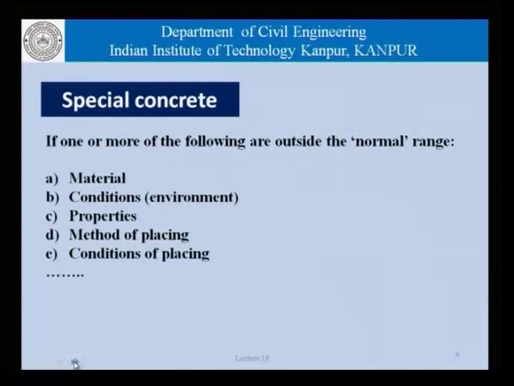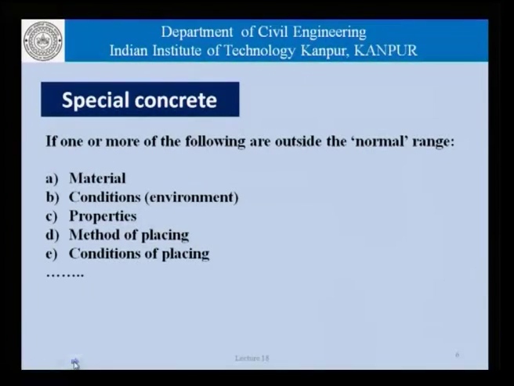Now, what are the conditions of placing or environment in which the concrete is being placed is another consideration which could make the concreting operation special. Properties of concrete: whether it is strength, workability, density, any of these properties, if they go beyond a normal range, we will have to treat the concreting operation as special.